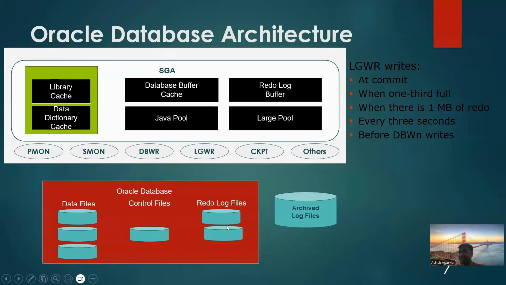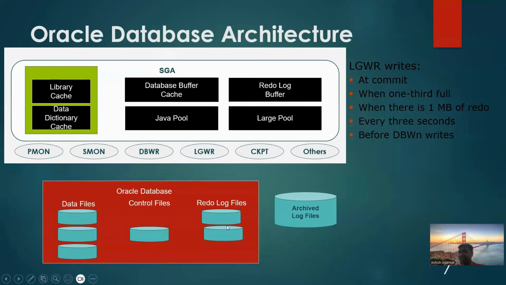Okay. So GoldenGate is a CDC tool. CDC stands for Change Data Capture. Okay. Now, in Oracle database, you have got redo log files and archive log files. Now, each database has its own transaction log.